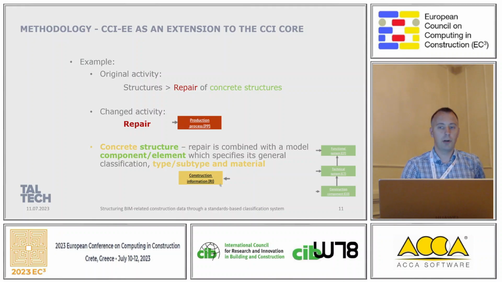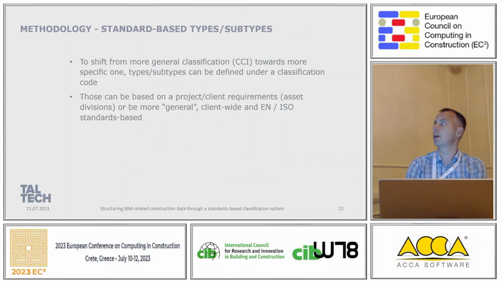Now, to go to a more detailed level from those standardized classification codes, in this project we also develop standard-based types and subtypes. Those can be based on project or client requirements and asset divisions, and they help to connect a specific asset to that CCI table, because we all know that so many different terms are used, and it's not easy to find that specific term in the CCI core tables.